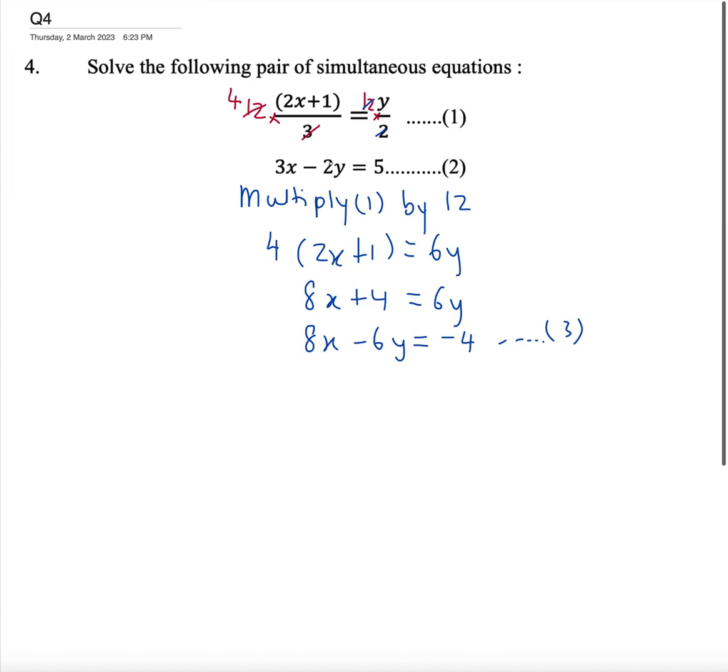Now what we need is also 6y in the second equation. Since we have a 6y here, we need a common term of 6y to remove it. So we multiply equation 2 by 3.